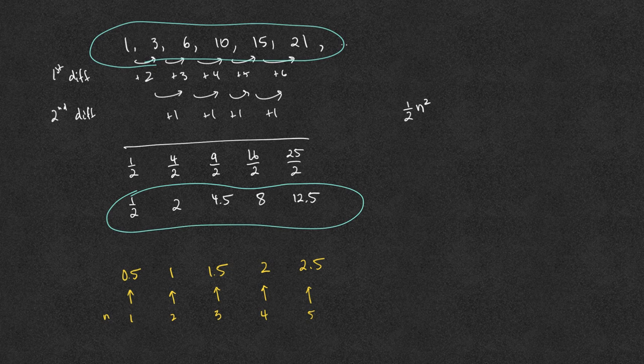What this means is that we need to add 1/2 of n. 1/2 of 1 is 0.5, 1/2 of 2 is 1, 1/2 of 3 is 1.5. And so the formula for the a sub n term is 1/2 n times n plus 1. This works, but it is not as intuitive as the one that we did earlier when we used the system of equations.